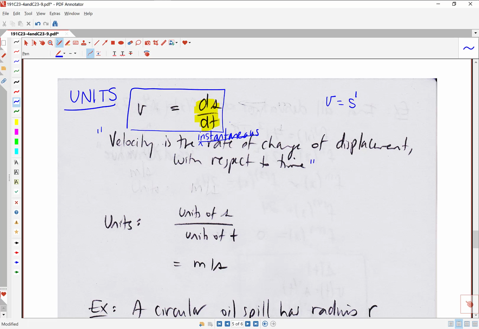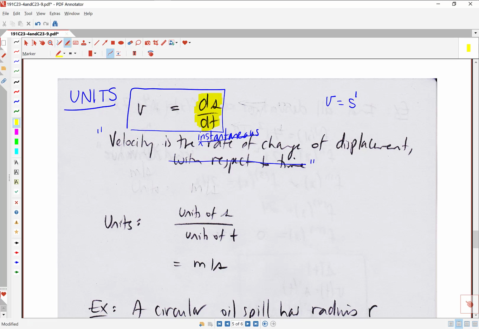So velocity is the instantaneous rate of change of displacement. And then you can say with respect to time, if you want to be clear. A lot of the time people wouldn't bother to say that if the context is clear. Okay, so that's just a little literal reading of this ds by dt.